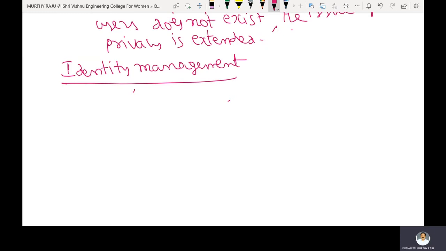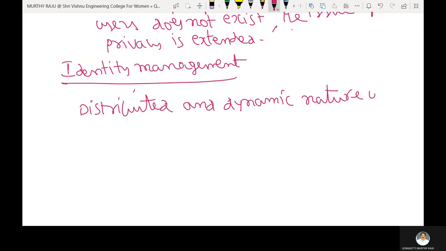Lightweight means small size; IoT uses small size packets in its transmissions. The distributed and dynamic nature of IoT makes the identity problem more challenging. Identity of these objects is a challenging task.